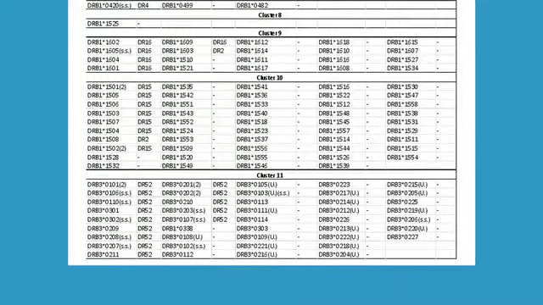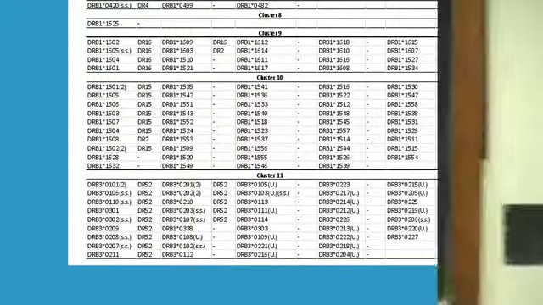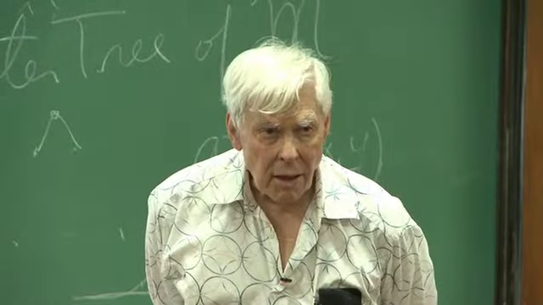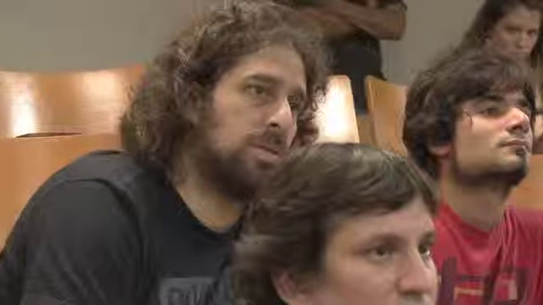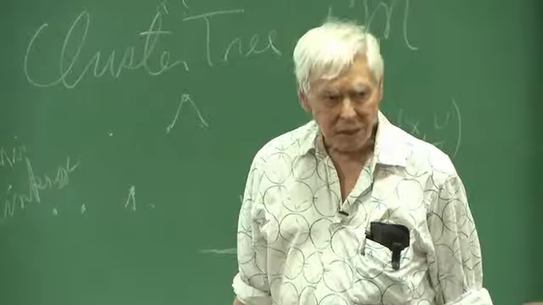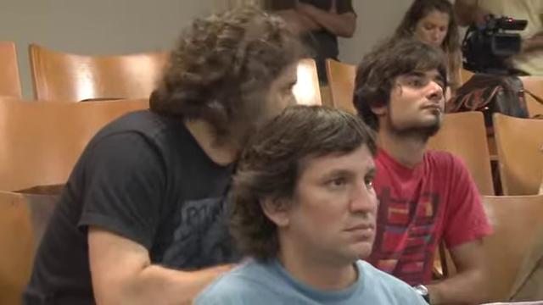Yeah? Those alleles that are in the same class are supposed to have the same binding affinity or something like that? Well, this is one thing good about this. Nothing to do with binding affinity a priori. This is all pre-binding affinity.